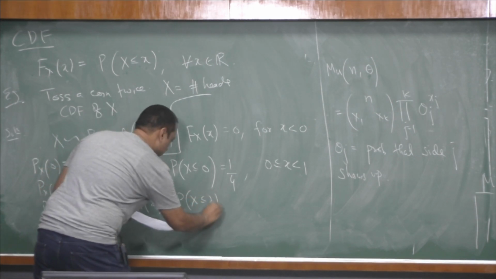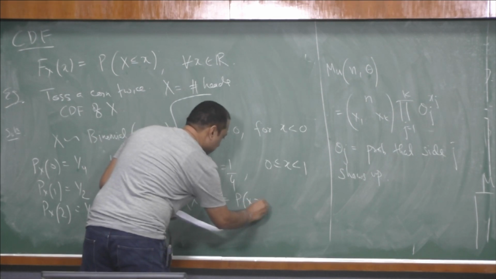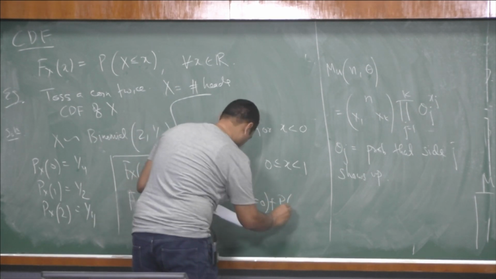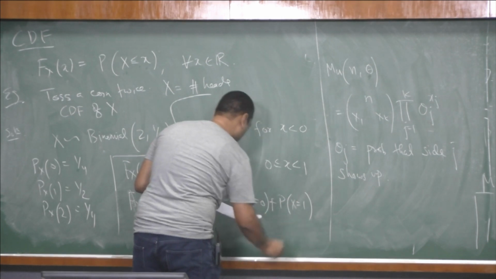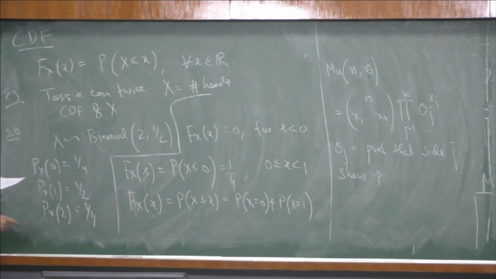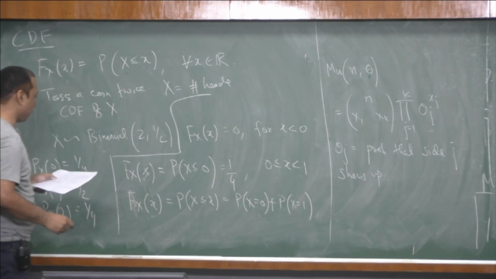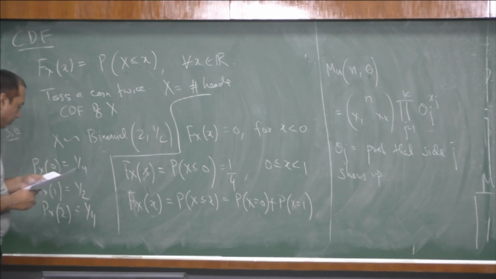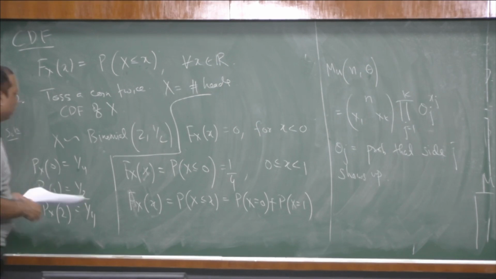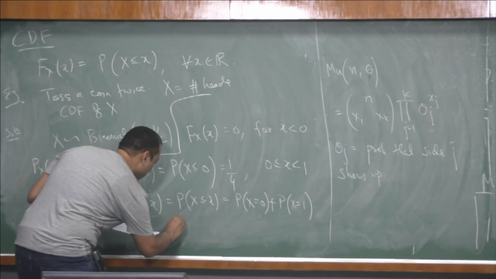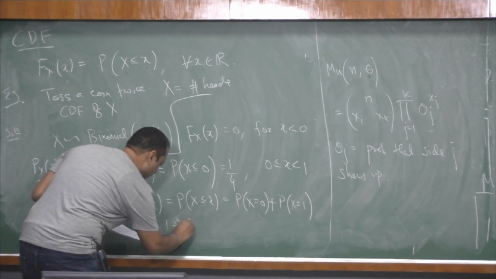In that case, the probability that X is less than or equal to x is the probability that X equals 0 plus the probability that X equals 1, right? So this is the case when x is greater than or equal to 1 and less than 2.